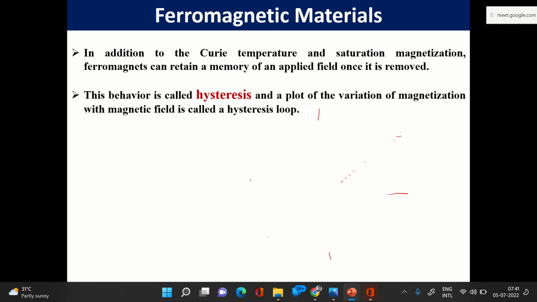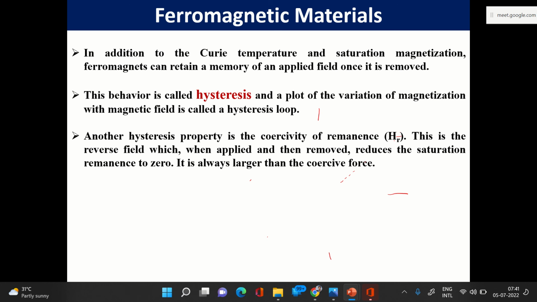That is the essential feature of these ferromagnets. Coercivity, as I told you, means you have to apply a magnetic field in the reverse direction to make the saturation magnetization zero.